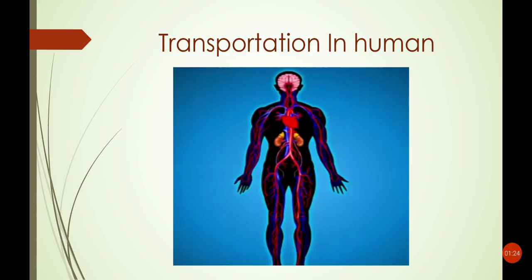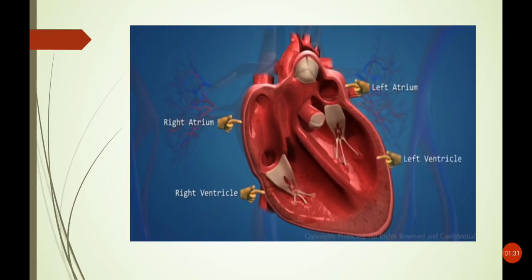Transportation in humans is a subtopic in life processes. This is our heart. See here, there are 4 chambers in the heart. Why are we learning about the heart? Because the blood transports nutrients to all the parts of the human body.